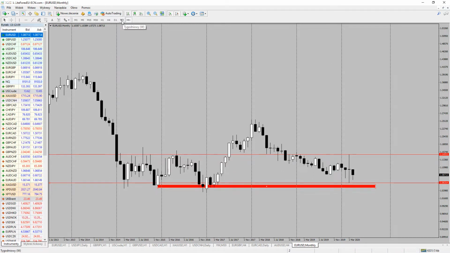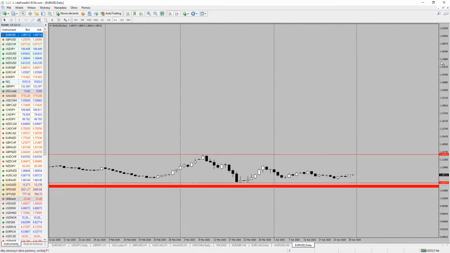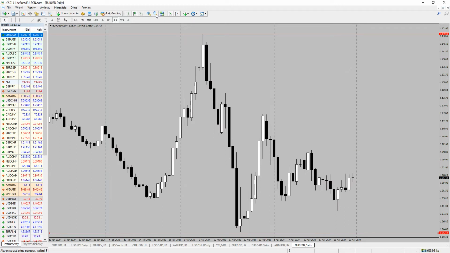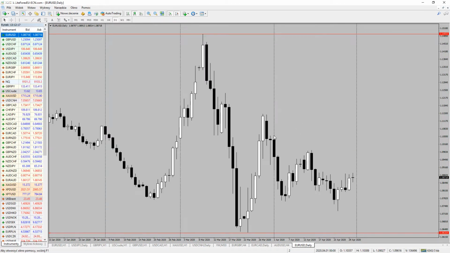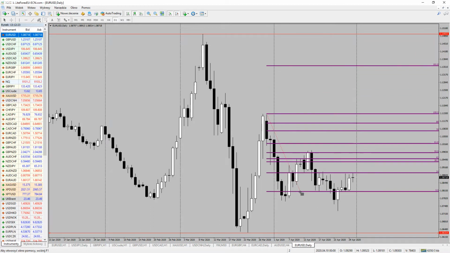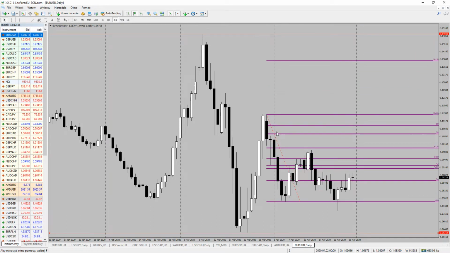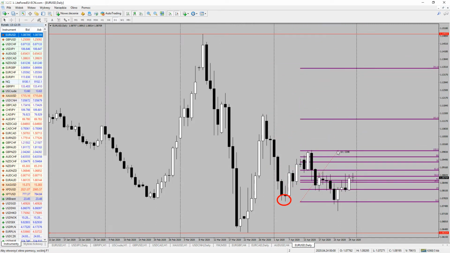So let's switch lower, let's switch to the daily chart. What I see here, and in my opinion it probably already happened, is a move to the downside on its own weight. So first move to the downside, 61, bounce. Second, and we are very close to 61.